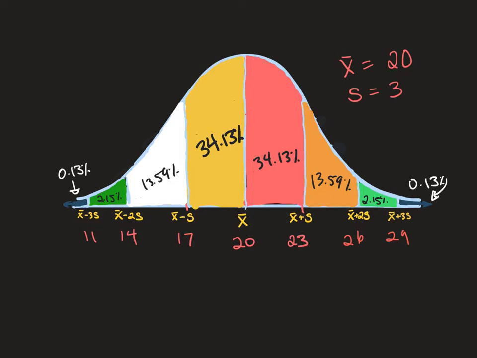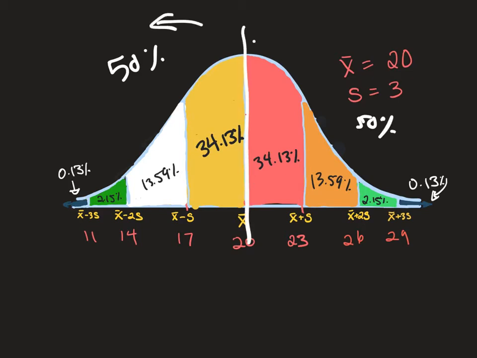You should be getting 100%. If I add 0.13 plus 2.15 plus 13.59 plus 34.13, I get 50%. And that corresponds to both the bottom half and also the top half, because this is split down the middle into the 50% lower scores and the 50% higher scores.